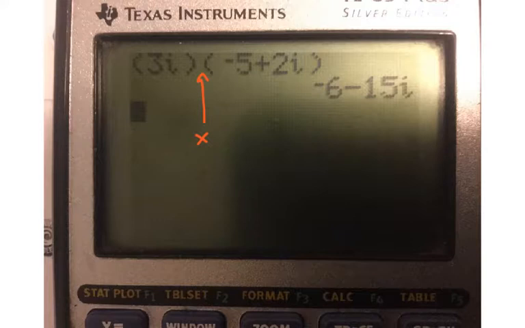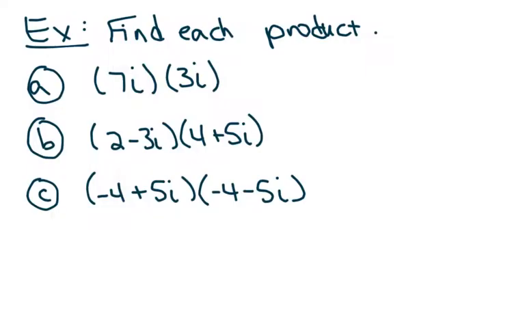Look, it gave me the negative 6 minus 15i, which is what I got when I did the problem by hand. You do not have to do the problem by hand. You can do it in the graphing calculator. That is okay. Now I would like you to try these 3 problems on your own.